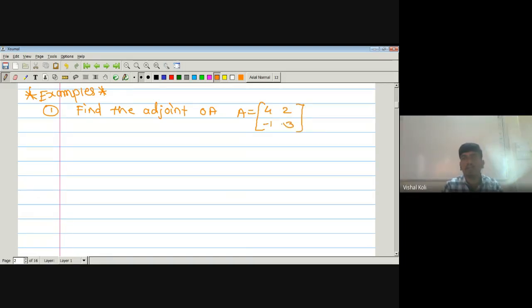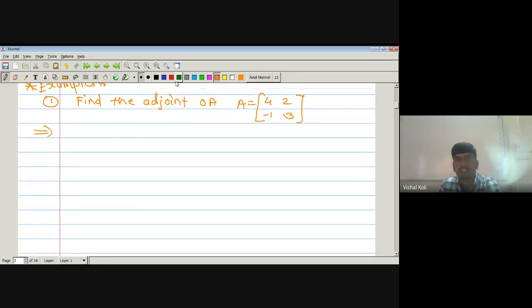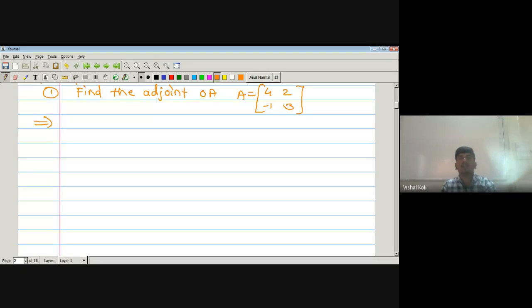Okay, and how to find the adjoint of a matrix? The adjoint of a matrix A is nothing but, first we convert this matrix into a determinant, and then we find the cofactor of each element of the matrix, and the transpose of that cofactor matrix is the adjoint of matrix A.